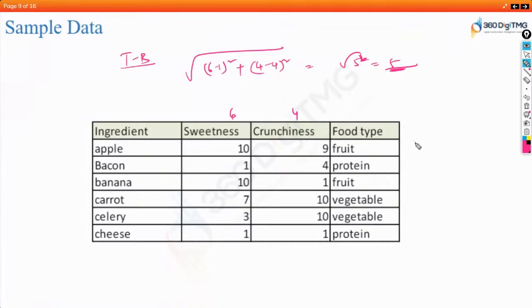So here you have 5.4 distance, here you have 5 distance, and so on and so forth. We measure the distances, and then based on that, we take a call.